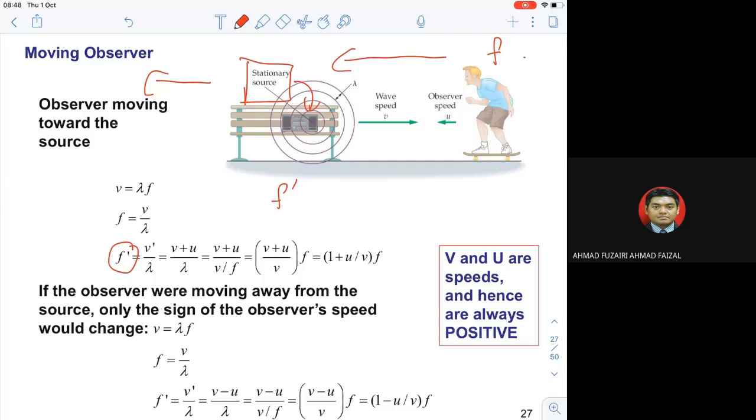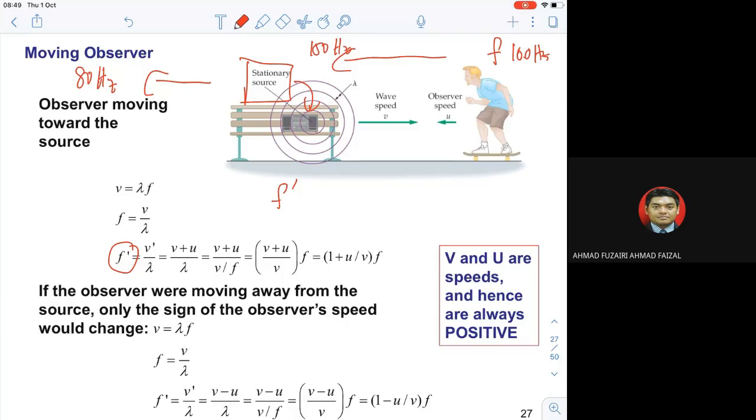Maybe far away, he will hear, let's say, 100 hertz. But getting nearer to the sound, he will definitely hear an increase in the frequency, maybe 150 hertz. And afterwards, when he goes away from the sound, maybe he will only hear 80 hertz. So from 100 to 150 to 80, there is a change in frequency.